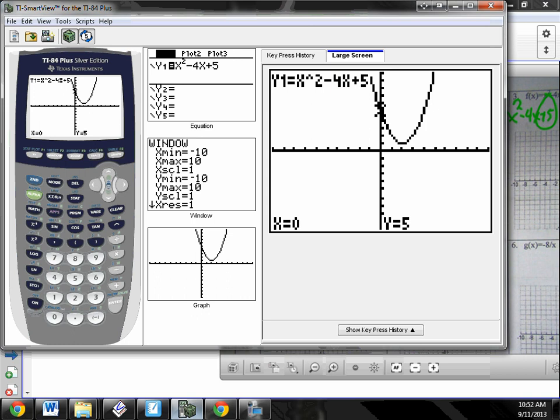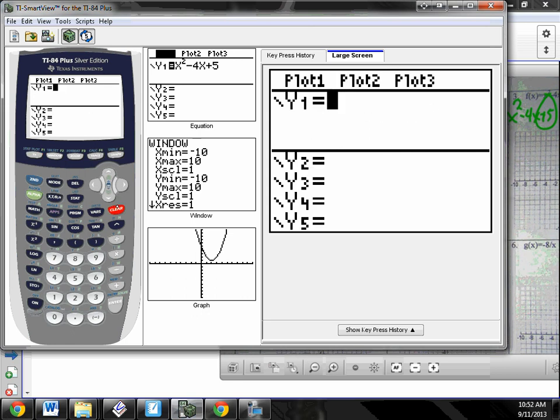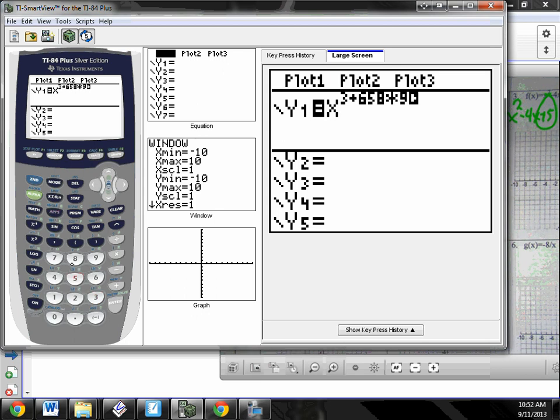How do we do x to the 3rd? Right below the clear button is this thing called a caret. Don't know why it's called a caret. So x to the 3rd, what's the rest of the equation? Oh, look at mine. If you have the newer software and it looks like this, don't keep typing.